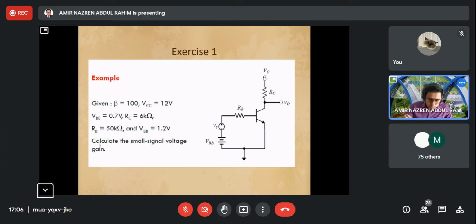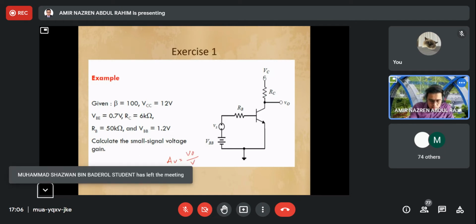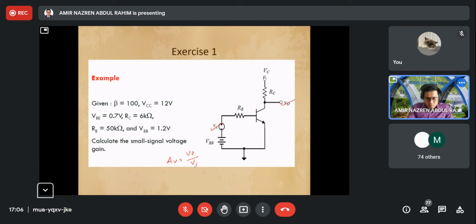To find this, we need to find AV equal to V out over Vs. Vs here, V out here. Before we proceed to the computation, first of all, we need to do the DC analysis first, and then later we need to do the AC analysis.